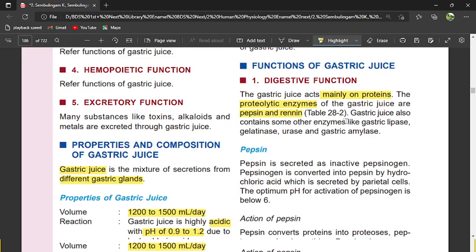The gastric juice also contains some enzymes called gastric lipase, gelatinase, urease, and gastric amylase. ठीक है, ये पूरे इन्हें रिलीज कर रहा है डाइजेस्टिव फंक्शन.